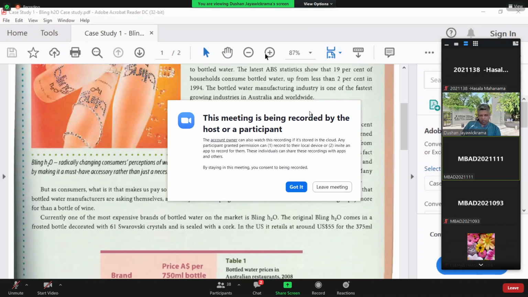Okay, sir. Yes. You're group 5? No, 4. Okay, go ahead. So what we understood when we discussed what is given in the article was that people like to stand out from the crowd. So they try to showcase themselves as unique. Instead of just consuming water, they want to use this product to stand out from the crowd, maybe as a luxurious accessory or something like that. Because of that, they are willing to pay a premium, not just for the core product, which is water.